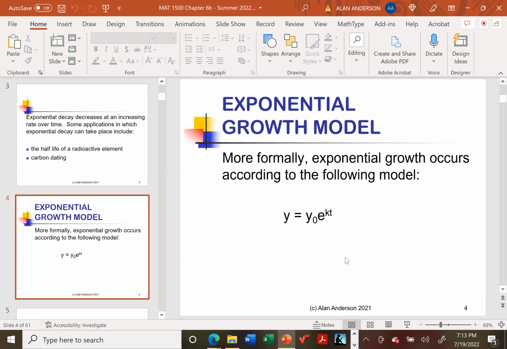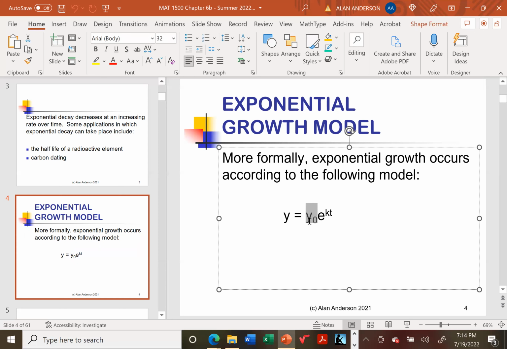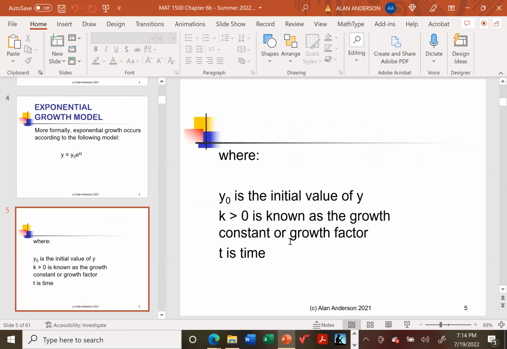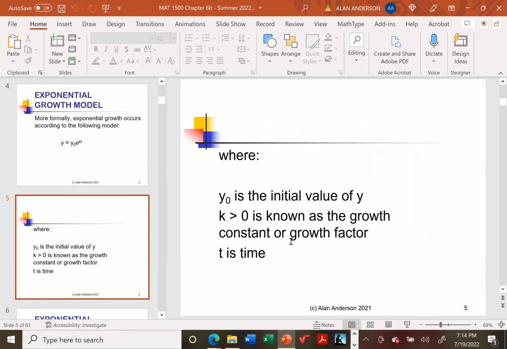So in general, we'll express an exponential growth model according to the following. It looks very simple. I mean, it's just e to the kt power with some initial value possibly multiplying by that e. So in other words, this y0 is a constant, and it is the initial value of y.